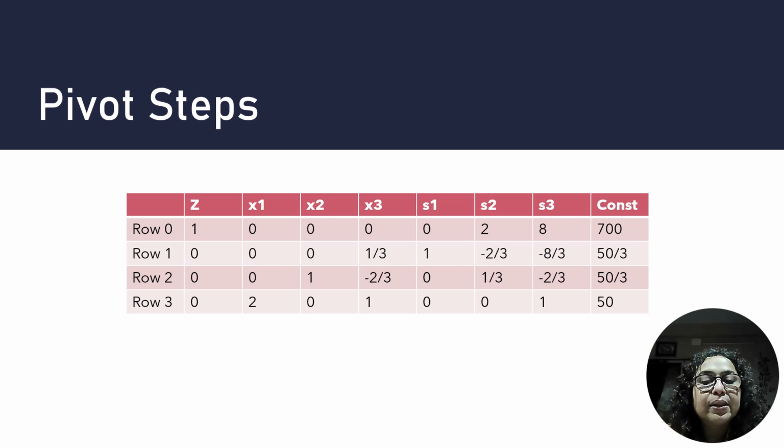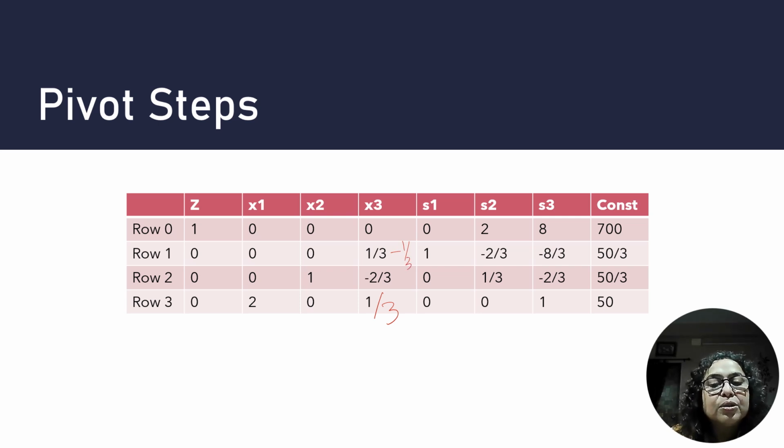So we will make this element equal to 0. So how do we make 0? We divide this 1 by 3, and if we deduct 1/3 from here, we can make it 0, right?